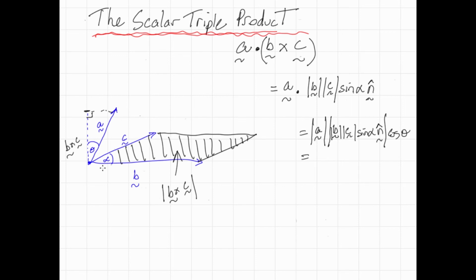Okay, now geometrically then, we've got this here being the area of that parallelogram, and as you know, area of base times height gives volume. So if I drew another line parallel to A, and all those would be parallel to A, connect them all up, we have a shape there that is called a parallelepiped.